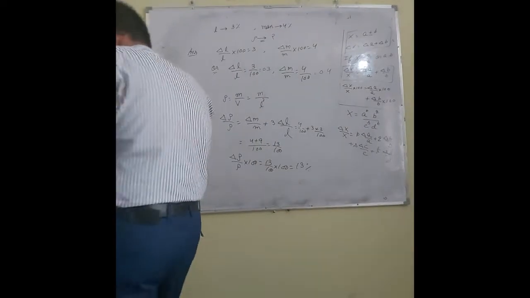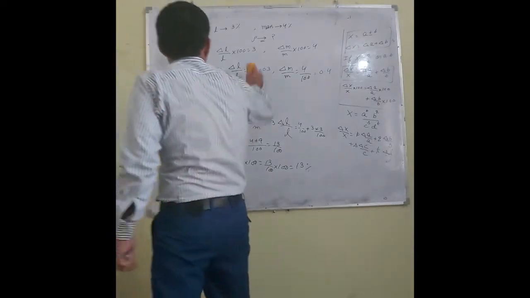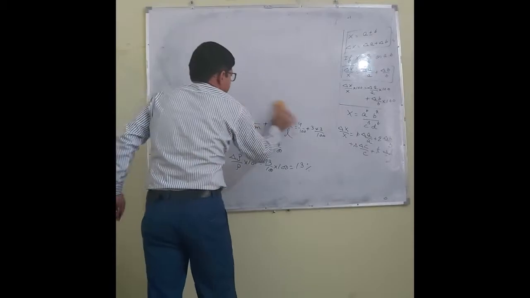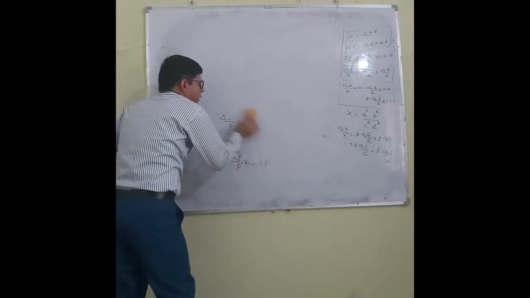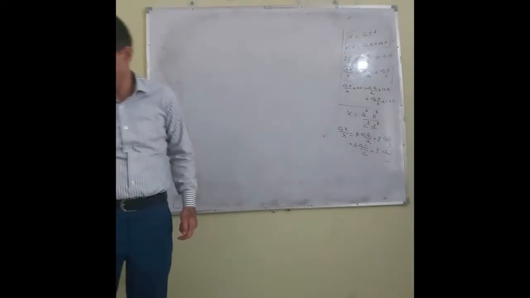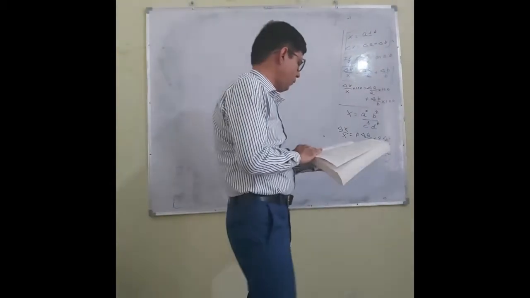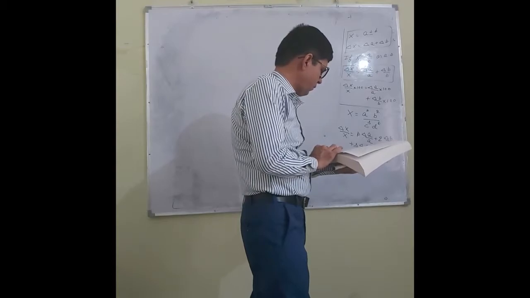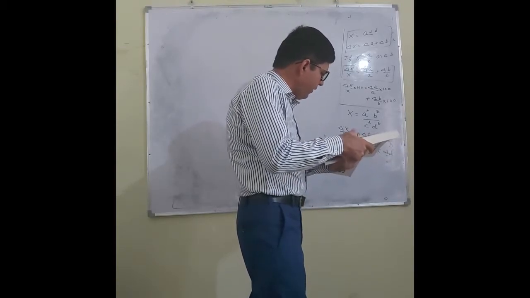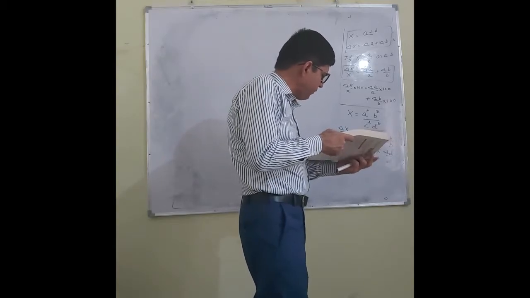Now, next question is, let's move to the next question. The error in the measurement of radius of a sphere is 2%.